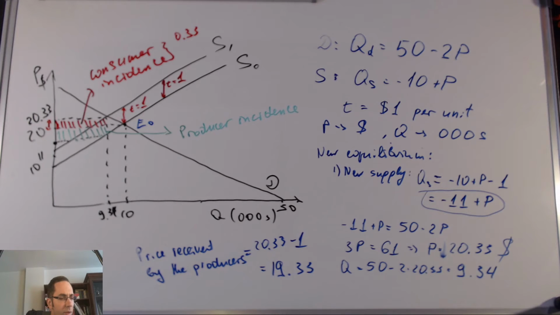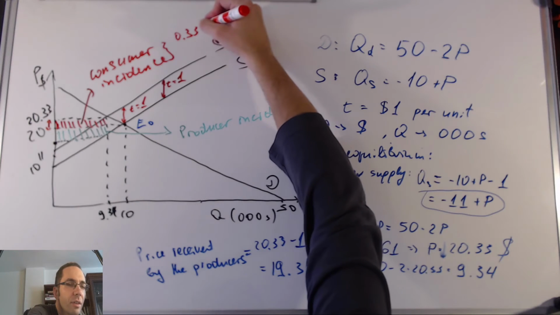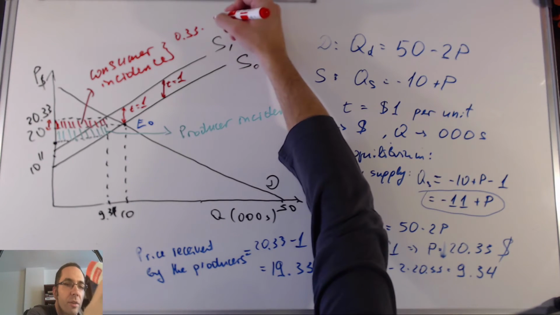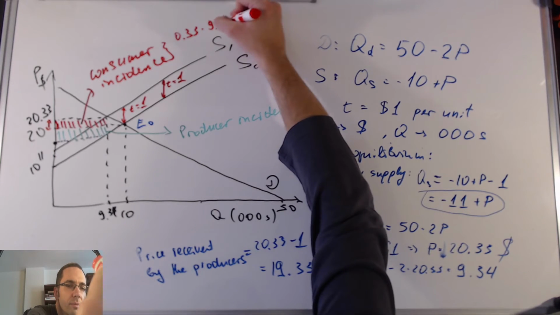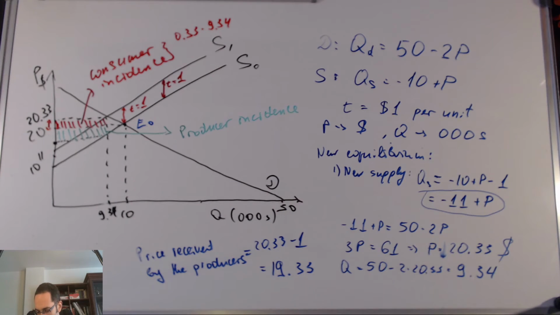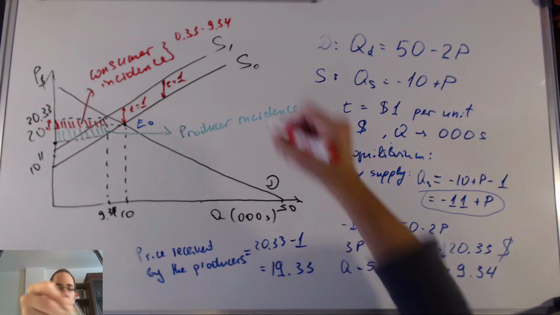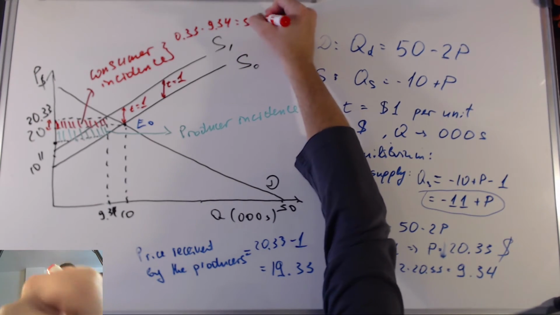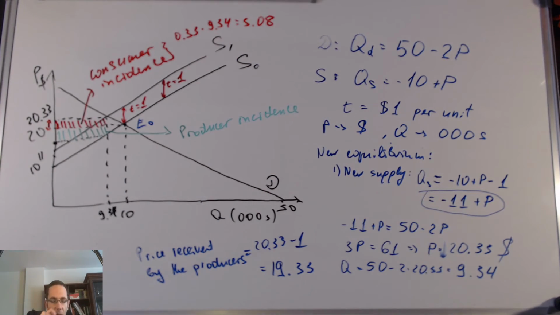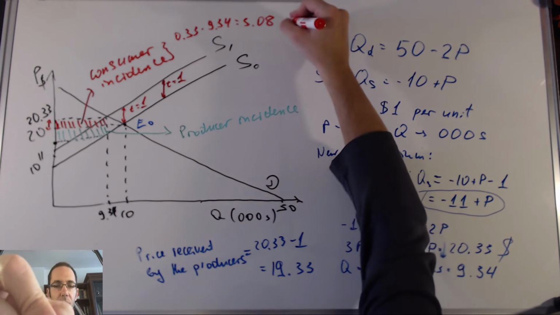So 0.33 times 9.34, and we'll get 3.08. Since we're dealing with units in thousands, that would be times 1000.